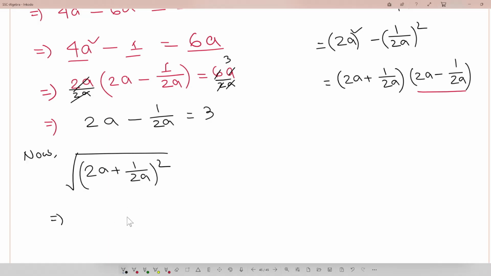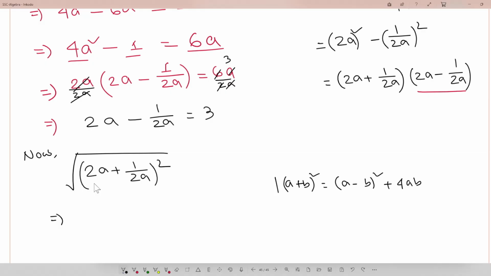So we know a theory which is a plus b whole square equals a minus b whole square plus 4ab, right? So in this case it will be what? 2a plus 1 by 2a whole square and square root. It means this one and this one out. So it's a simple thing, right?